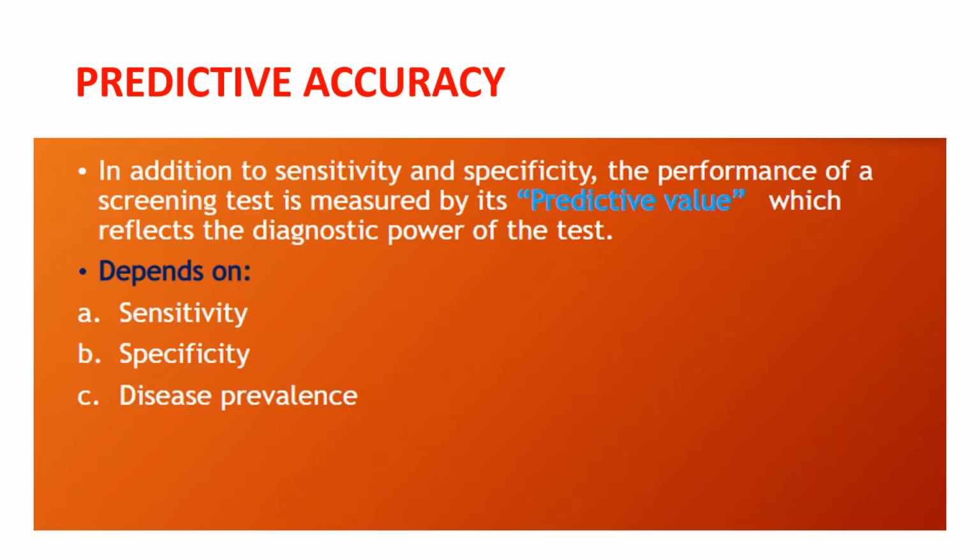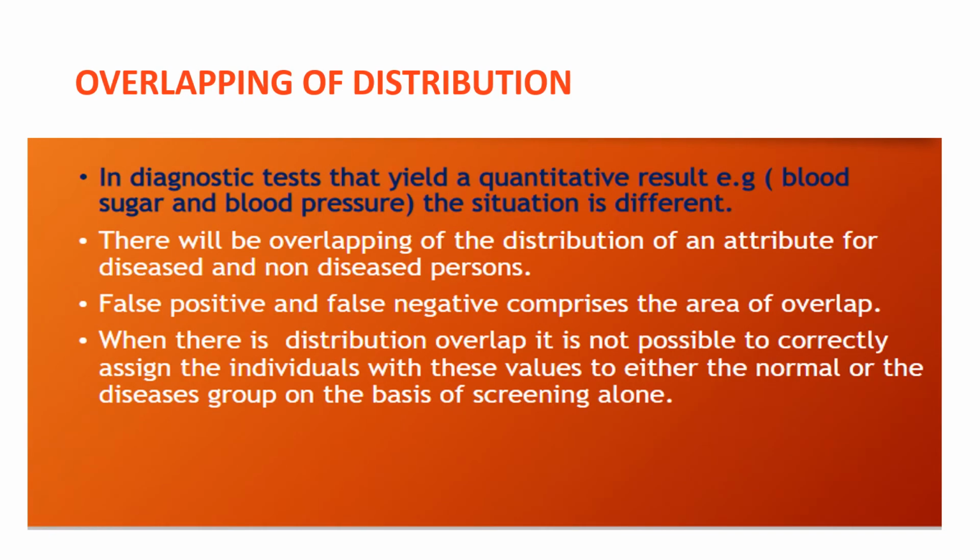So basically, in addition to specificity and sensitivity, the performance of a screening test is also measured by the predictive value, which reflects the diagnostic power of the test. And this to a great extent depends on the sensitivity and specificity and the prevalence of the concerned disease.